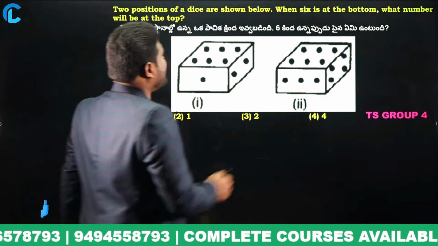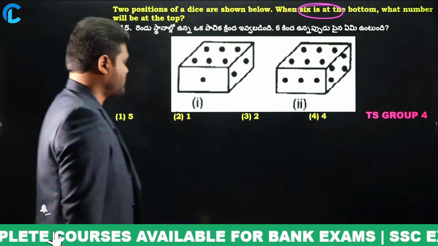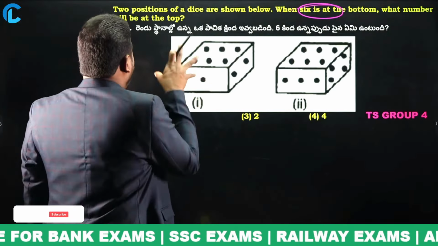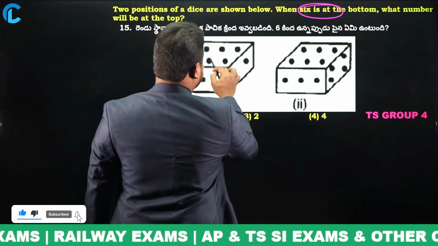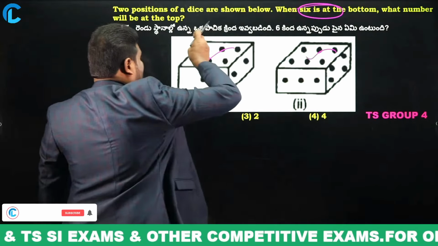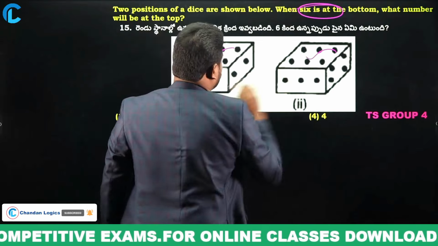Okay. So here they are asking, what is opposite to 6 dots? As I have told you, check how many elements are common. Here we have 6 dots, and here we have 6 dots.